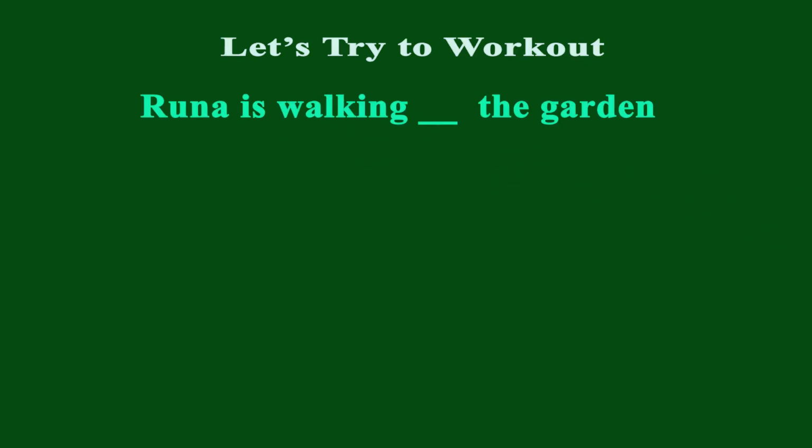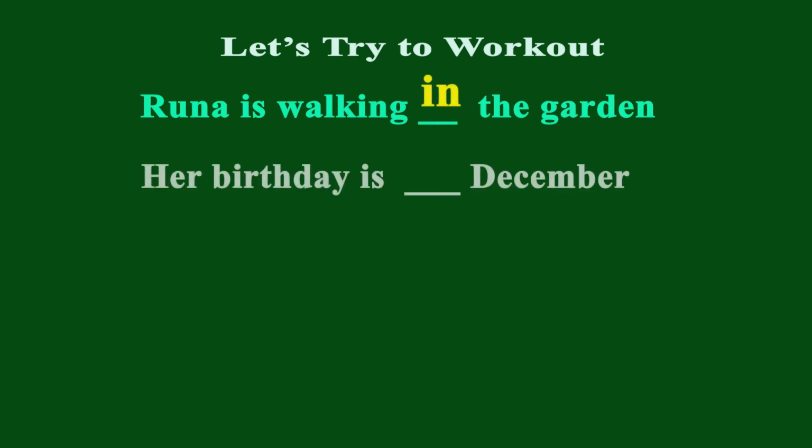Runa is walking dash the garden. A garden is a large space with a boundary. So we will use the preposition in. Runa is walking in the garden. Her birthday is dash December. December is a month, so we will use the preposition in. Her birthday is in December.